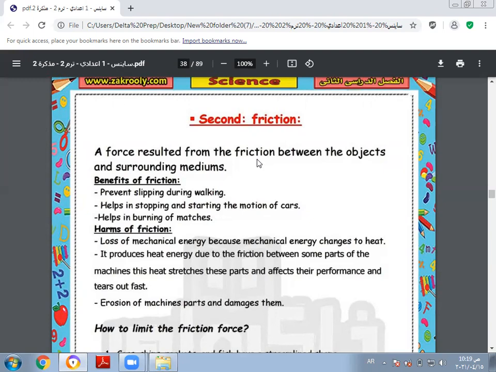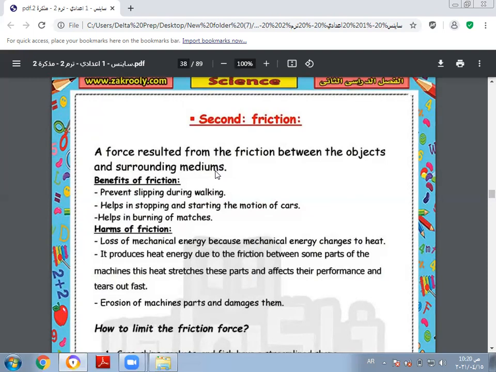What can the surrounding medium be? It may be gaseous, liquid, or solid. Gaseous medium like air, liquid surface as water, solid surface as the ground.